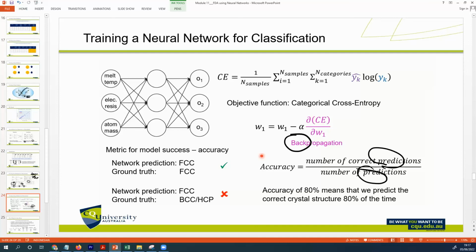If the result is supposed to be 0 or 1, then we change the weights as well. We change this weight again, and the other weight, accordingly, until the result is the same and the accuracy is high.